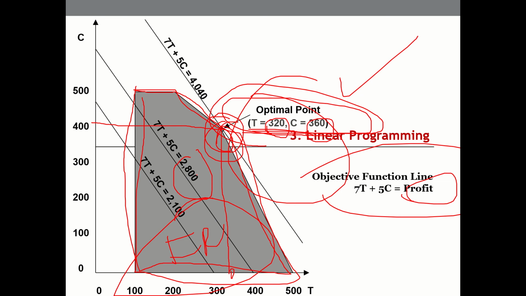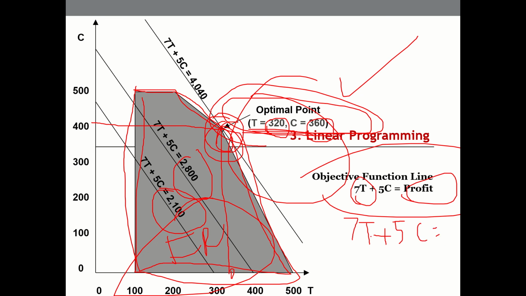Our main aim is to increase this number. What is the maximum that we can get out of it? So in this case, for example, 7,000 is the amount that we get for making a table, and 5,000 is the amount that we get for making a chair.